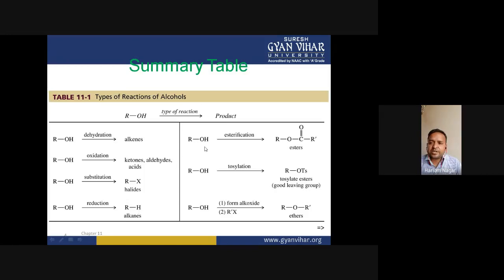And the next reaction is ROH alcohol by the esterification reaction, means by reaction with carboxylic acid. This gives ester. The RO part of this ester is from the alcohol, and the RC double bond O part is from the carboxylic acid.